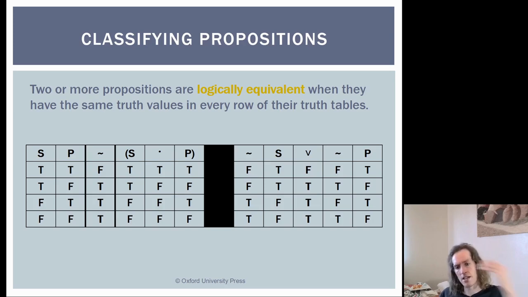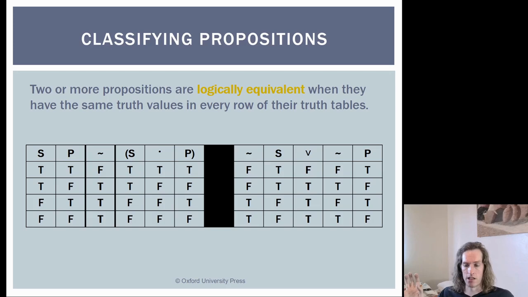So they have the exact same truth values in every row. It's important that the truth values here, sorry, let me rephrase this. Just because there's one false and three trues, that's not important. Well, it's part of what's important, but the important thing is that the rows in which these values occur are the same.